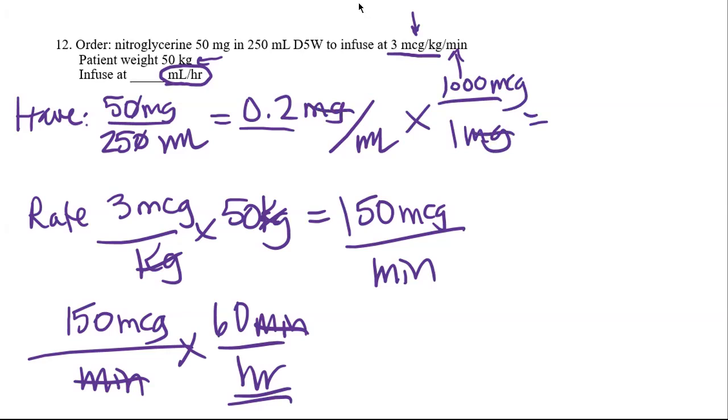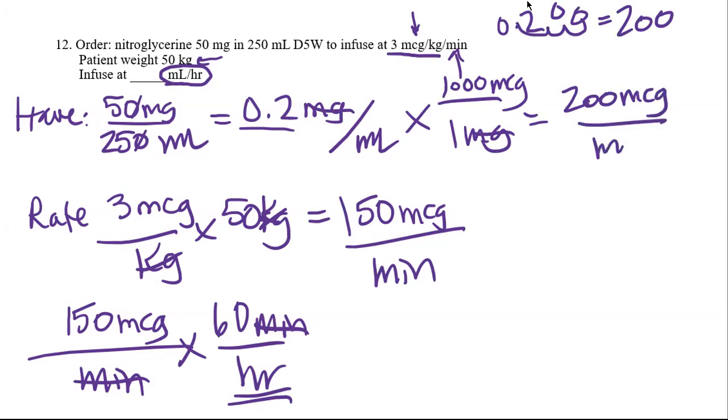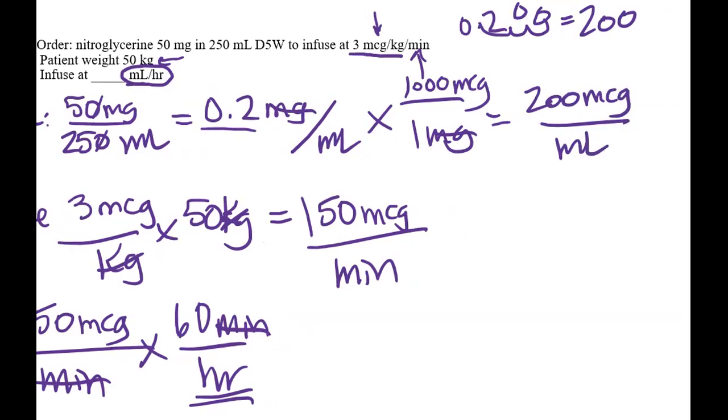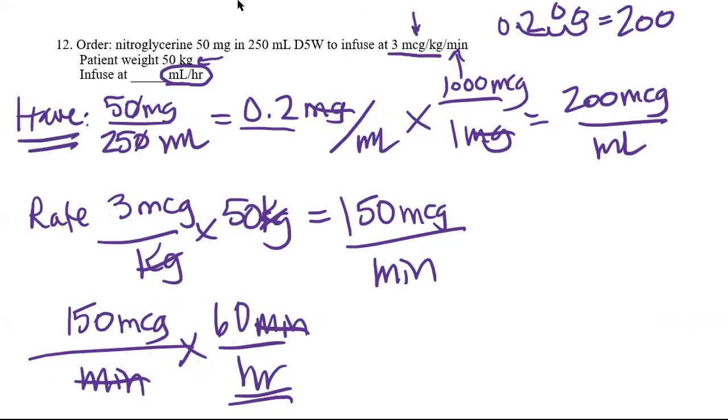We've got 0.2 times 1,000, which is going to be 200 micrograms per ml. And that's what you have in your IV bag. That's how we got to the numbers we need.